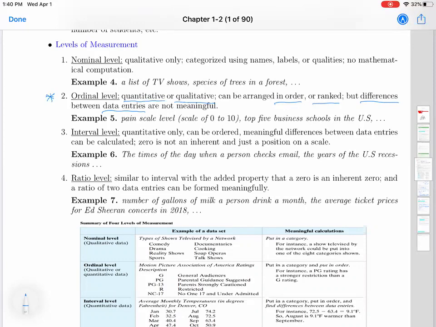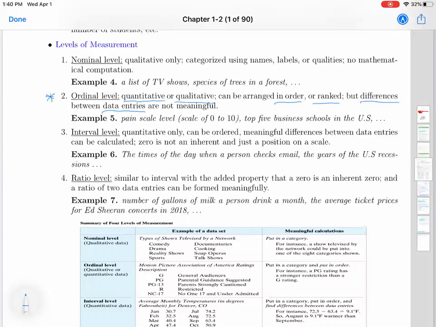For example, take the pain scale from 0 to 10. You use numerical measurements, and it's in order, right? 0 is the least painful and 10 is the most painful experience.